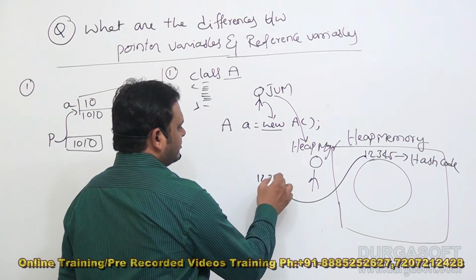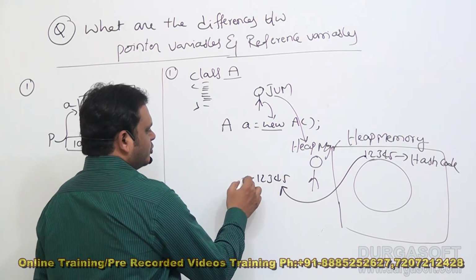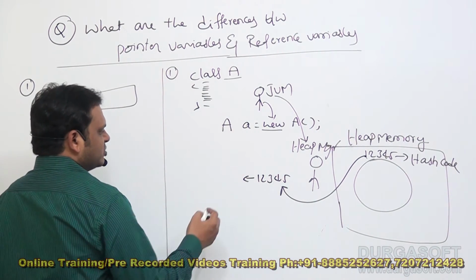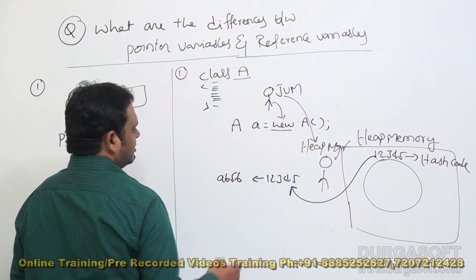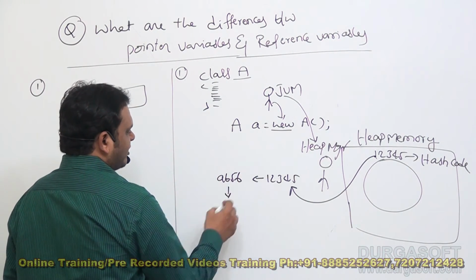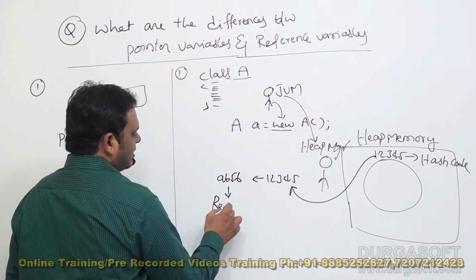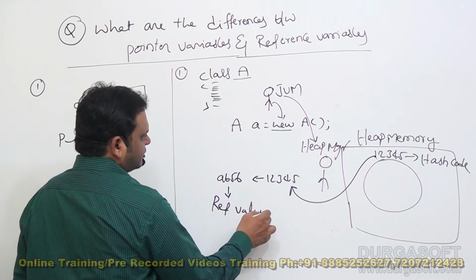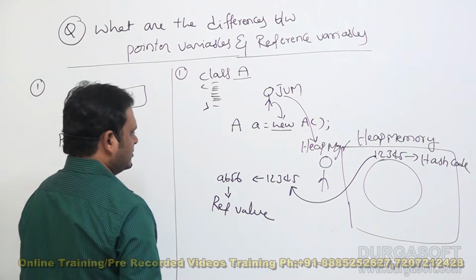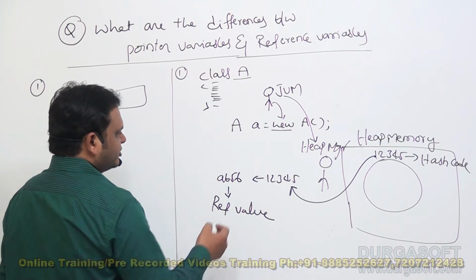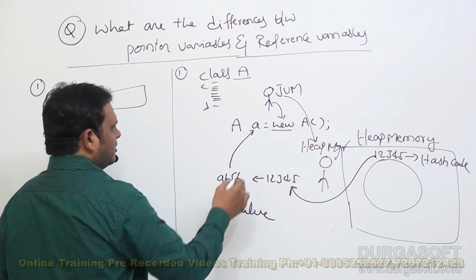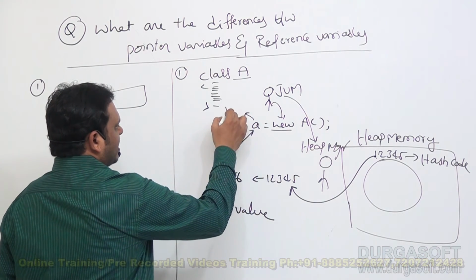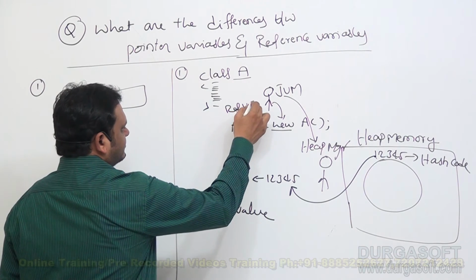Now JVM converts this hash code value to its hexadecimal value, let's say for example AB56. This hexadecimal value of the hash code is called the reference value of an object. When a reference value is created, it is assigned to a variable. This variable is called a reference variable.